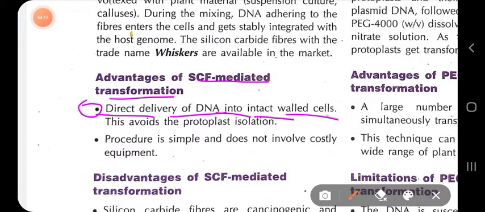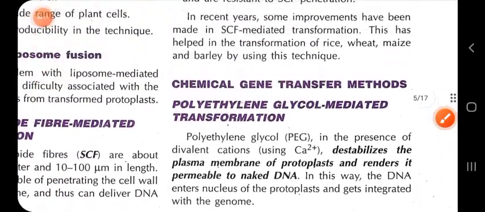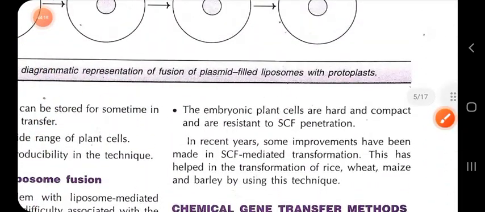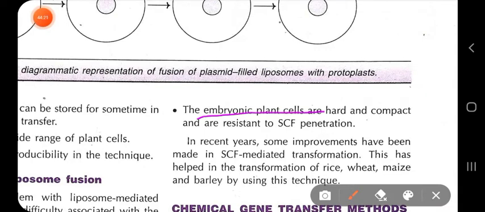But not all of them. There are some exceptions like the embryonic plant cells. The embryonic plant cells have a hard cell wall, so hard that silicon carbide fiber cannot be introduced. This is an exception, right?